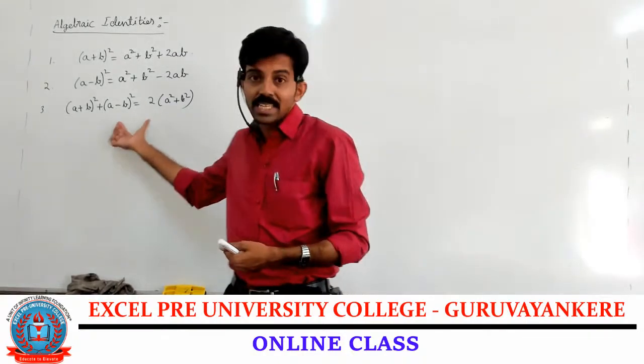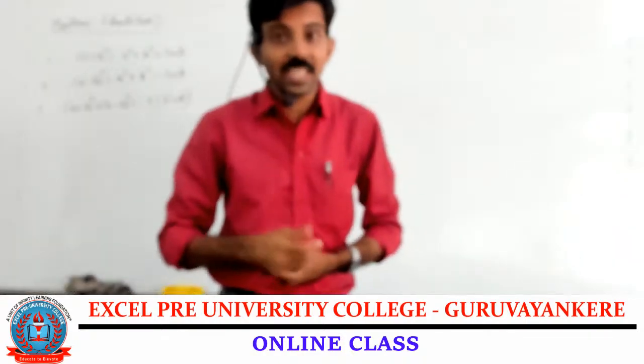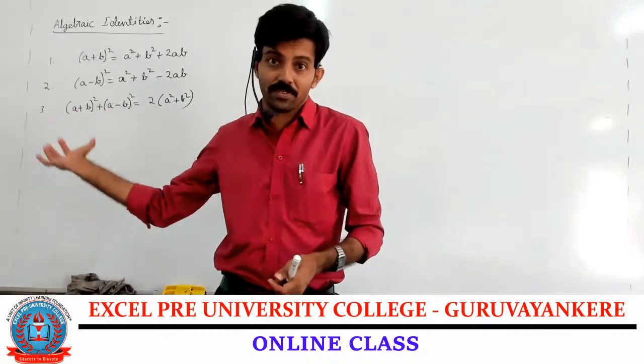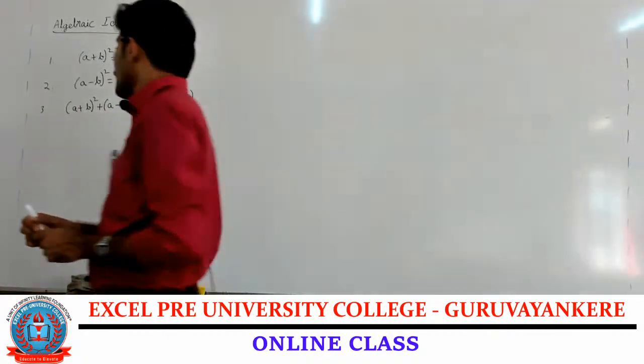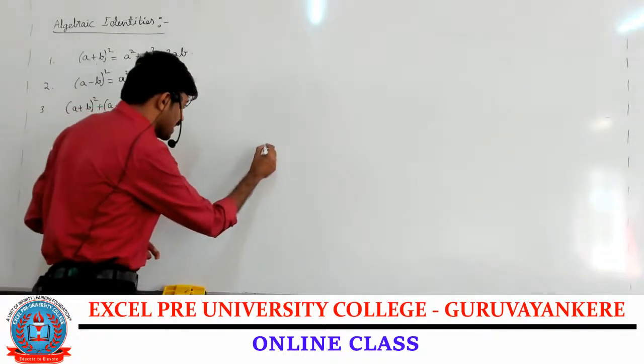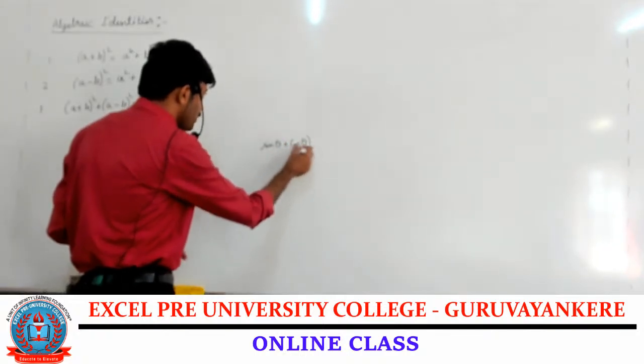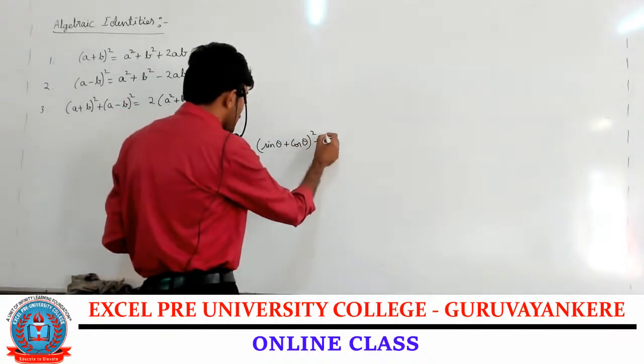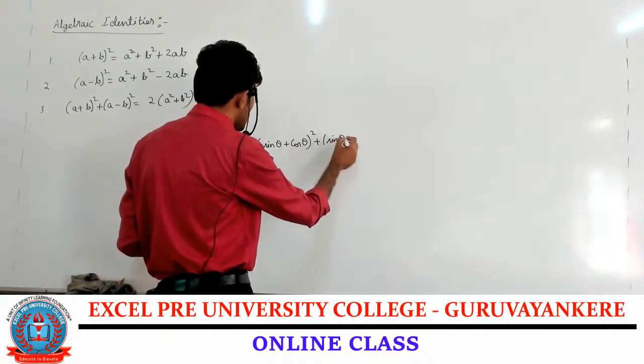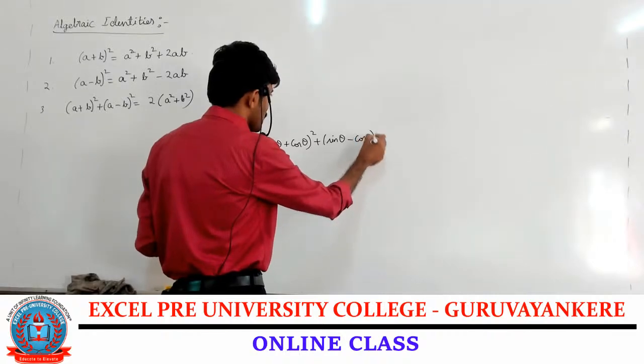These kind of identities are also useful in trigonometry. In the middle of the problem, you may require this. Okay? For example, sin theta plus cos theta the whole square plus sin theta minus cos theta the whole square. Okay?